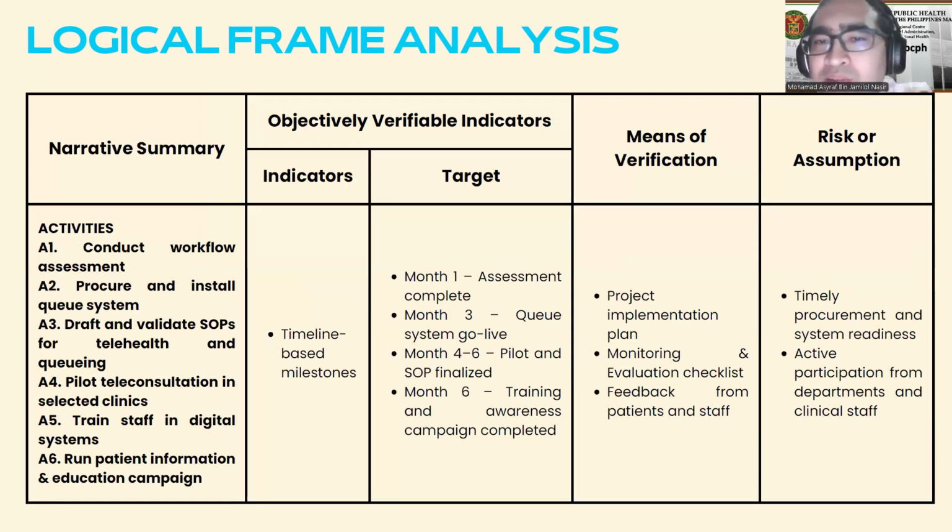Monitoring tools here will include the project implementation plan, the M&E checklist, and also feedback from both patients and staff to guide improvement. Here we assume timely procurement, smooth system setup, and also active support from the clinical team. Cross-departmental cooperation will also be critical to ensure that each milestone is delivered on time.